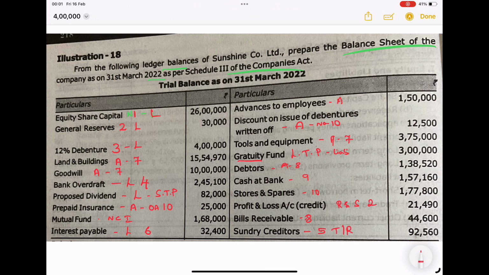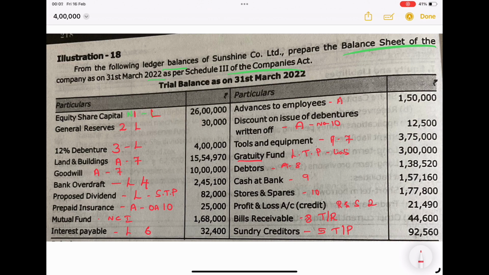So I'll write here trade payable, and this one is trade receivables. This is how we are going to identify the concept, and each individual item has to be identified.